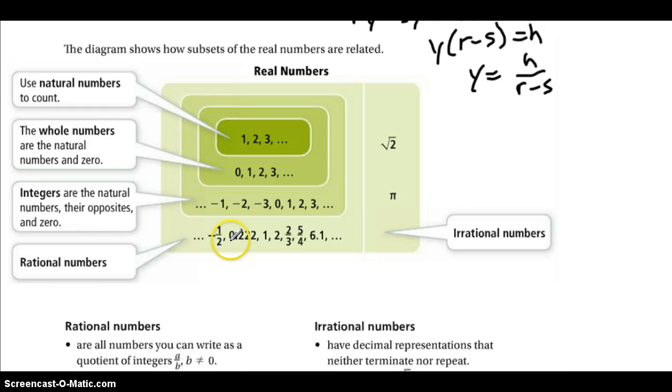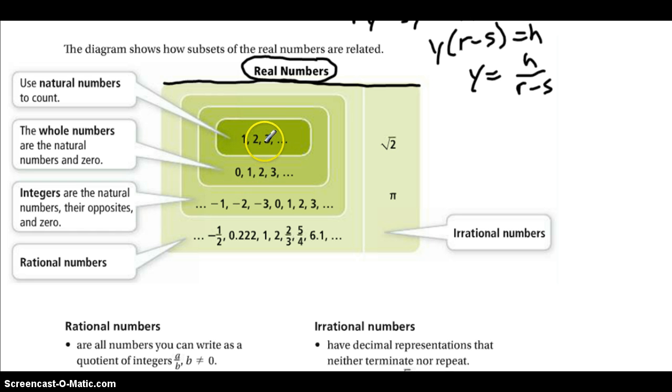The other items you should probably know by definition are the ideas of the real numbers. This whole diagram are all the real numbers. From here all the way over, these are all the real numbers. The easiest basic number set is the natural numbers.